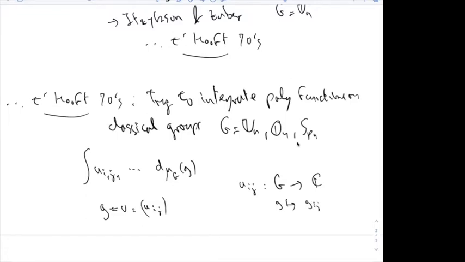I'm looking at the ij component function, and this is what I should call the polynomial functions on G. Then he said, okay, let's try to look at the integral of every polynomial. Which is of course not what Itzykson and Zuber were doing, because they were looking at exponential functions. So here it is polynomial functions.